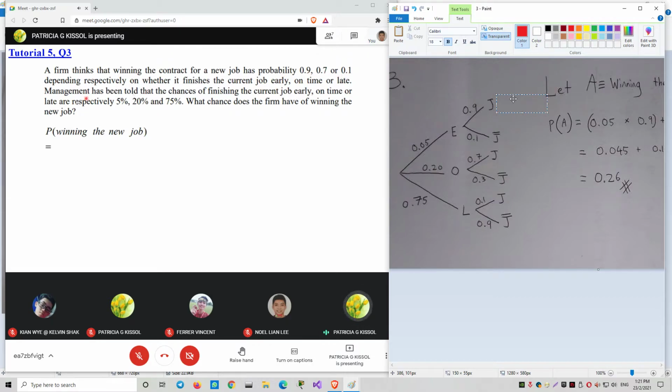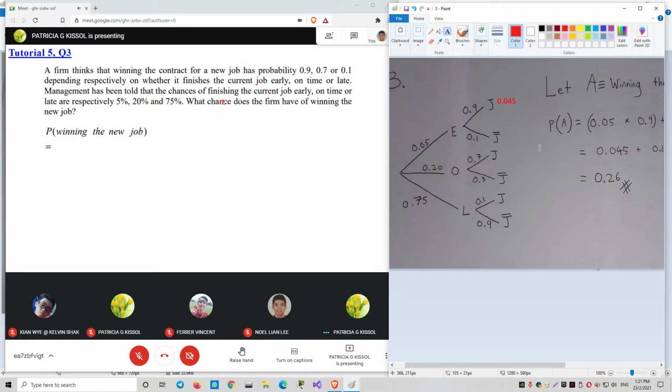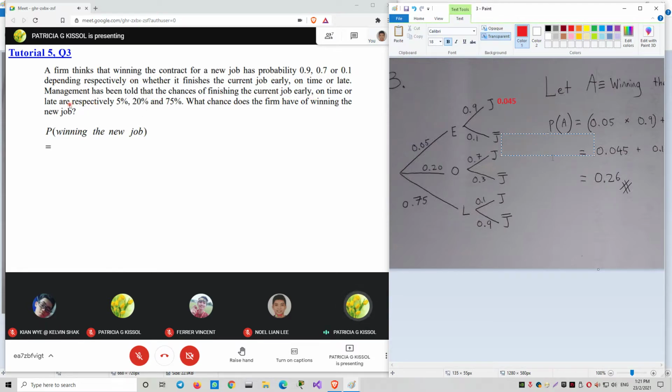And the management has been told that the chances of finishing the job early, on time, or late are respectively given as this percentage. So what chance does the firm have of winning the new job?